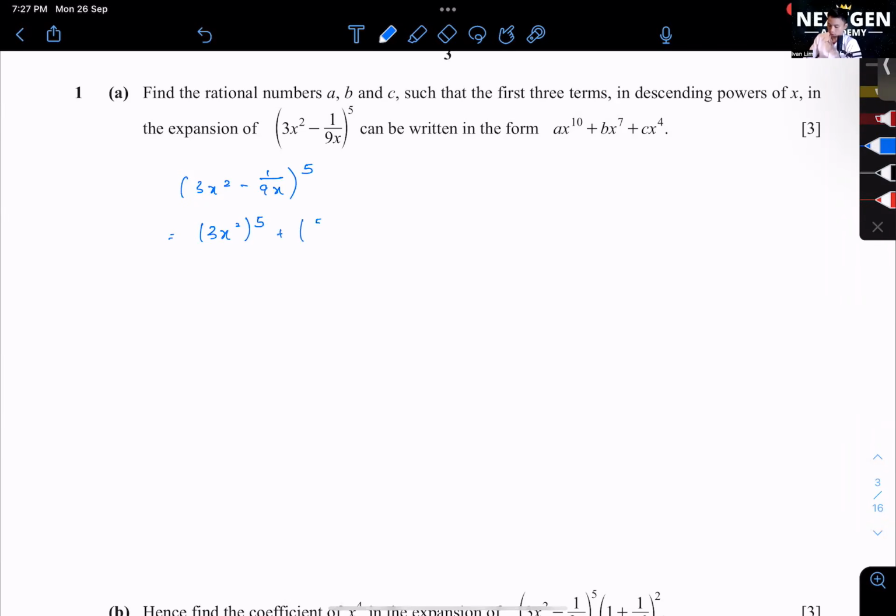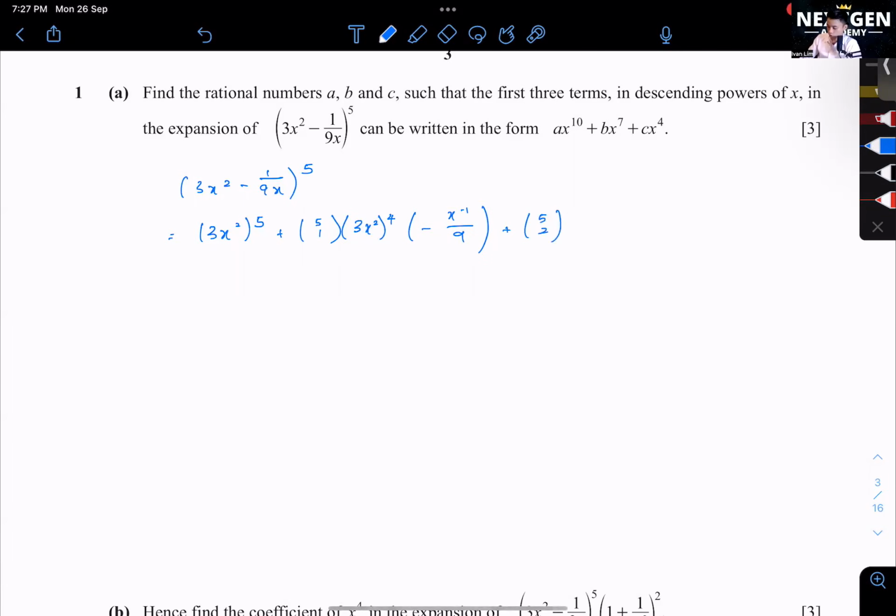So we put in the formula: 5C1 (3x squared) to the power of 4, with the second factor as minus 1 over 9x. You can change it to x to the power of negative 1 if you like to see the indices, otherwise you just leave it at the bottom.